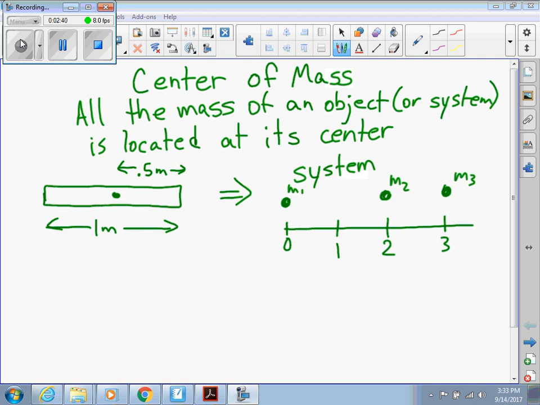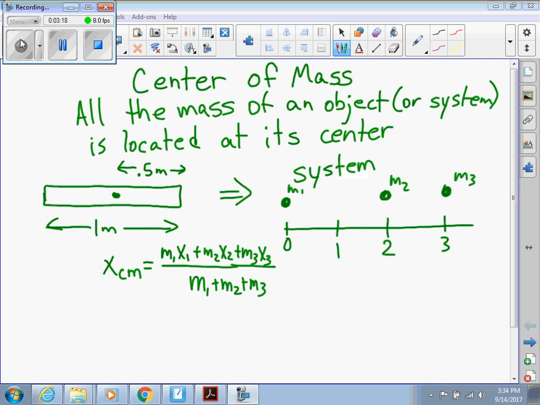If we wanted to figure out where the center of mass is for this whole system, we could use this equation. The position of the center of mass is equal to mass 1 times position 1 plus mass 2 times position 2 plus mass 3 times position 3, all over mass 1 plus mass 2 plus mass 3.